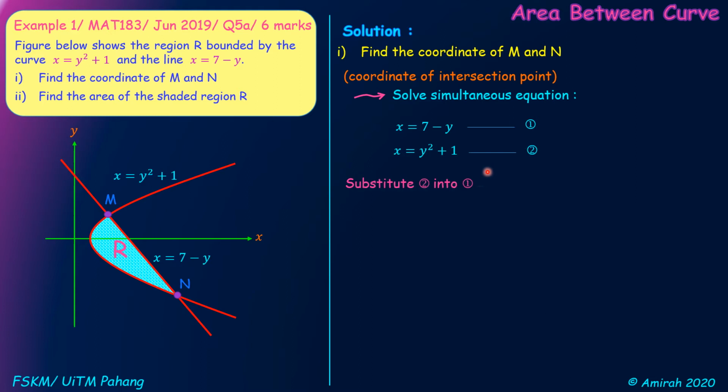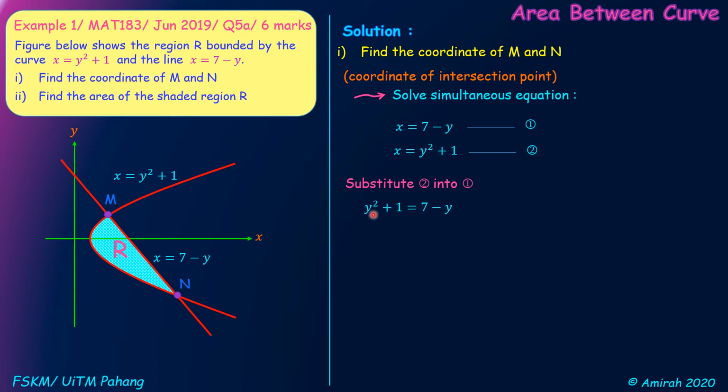Then we can substitute equation 2 into equation 1. From x equals y squared plus 1, we substitute into x here. So we get y squared plus 1 equals 7 minus y.